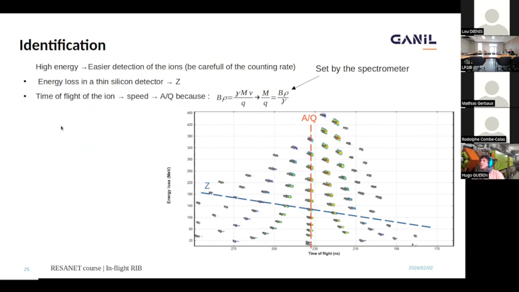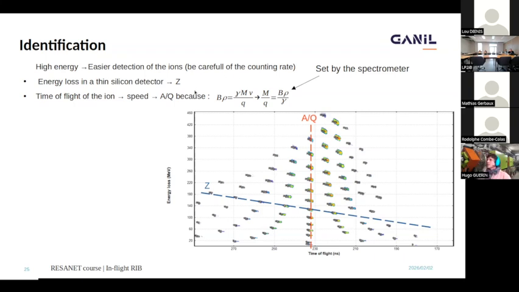I didn't mention identification. I told you before, because we are at high energy, the detection of the ions is easier than for low energy. So you have to pay attention to the counting rate.